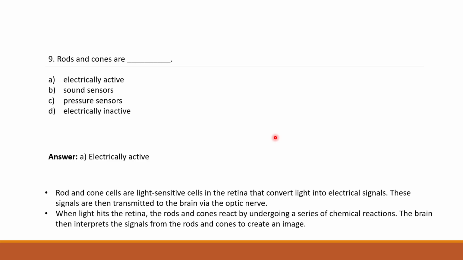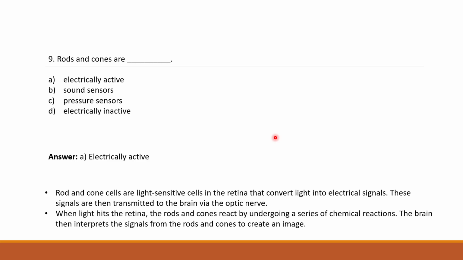Why are they electrically active? Because they convert the light into electrical signals. Okay, so rod and cone cells are light sensitive cells in the retina that convert the light into electrical signals, and these signals are then transmitted to the brain via your optic nerve.